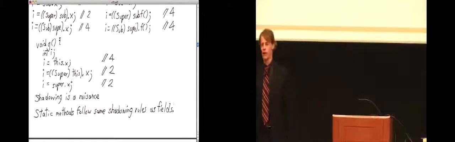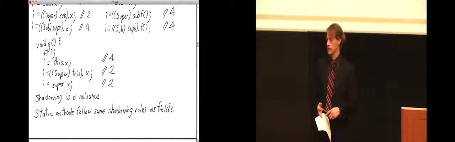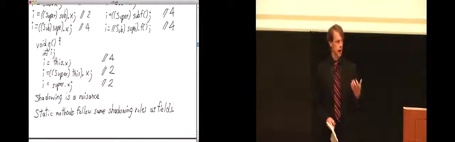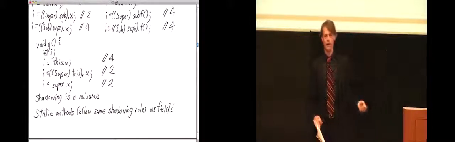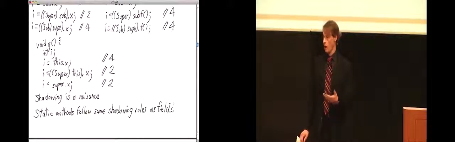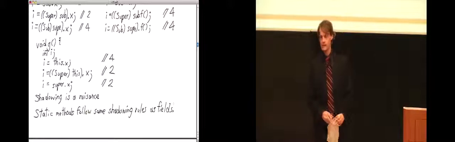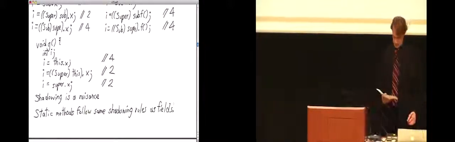Why don't static methods override? To override, you need to have dynamic method lookup. To have dynamic method lookup, you have to actually have an object to call your method on. But static methods have no object. That's the whole point of static methods. There's no object to do dynamic method lookup on. Therefore, you can't override. You can't do anything other than shadowing rules.